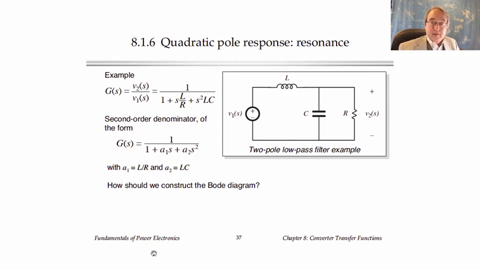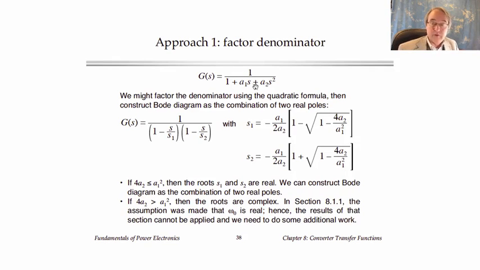So, in a case like this, how should we draw the Bode diagram? Well, one approach, I think the most straightforward way, is to factor the denominator. We already know how to draw the Bode plot of a single pole, and so if we could factor the second order system denominator into two single poles, then we might perhaps apply the methods we've already talked about in the preceding lectures.